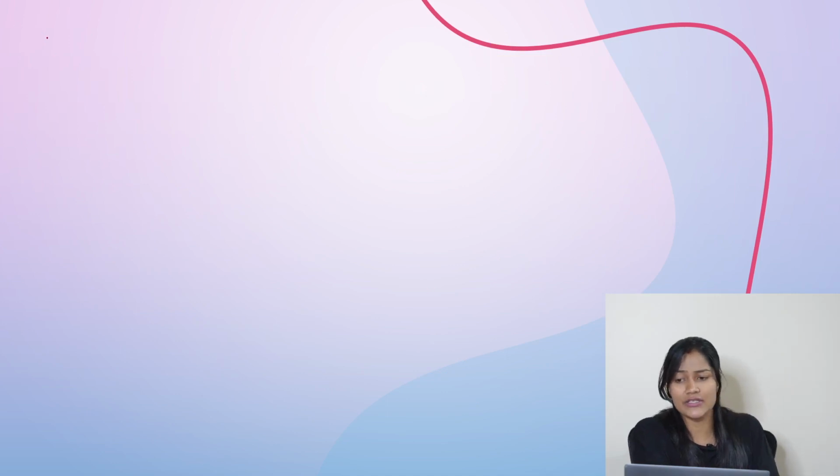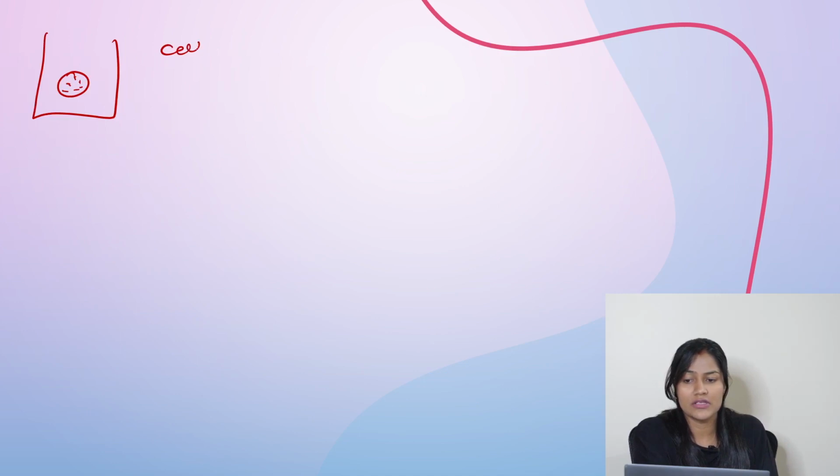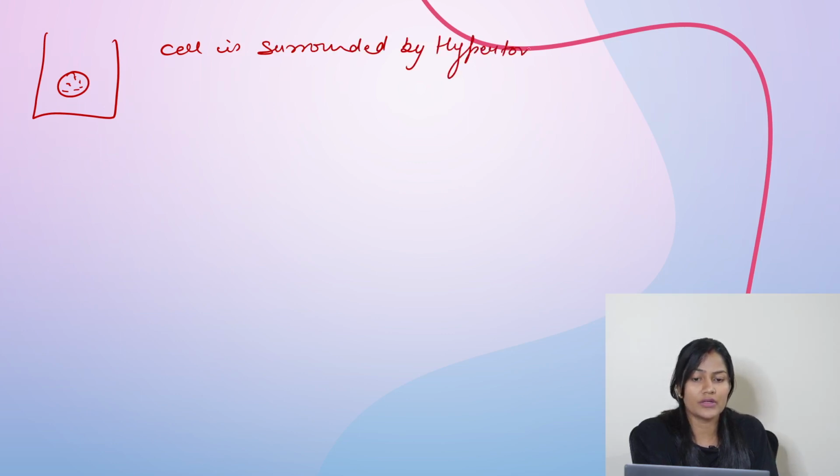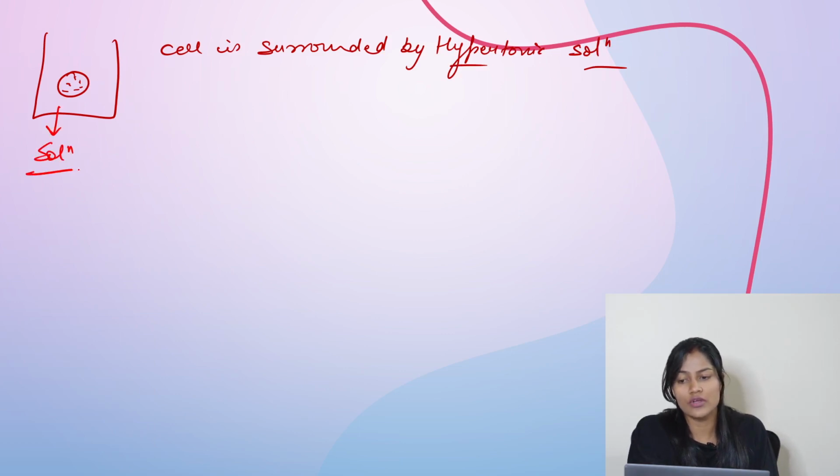Another condition is that the cell is surrounded by hypertonic solution. Now you guys are going to help me with this. So cell is surrounded by hypertonic solution. So what should I write for the solution outside?